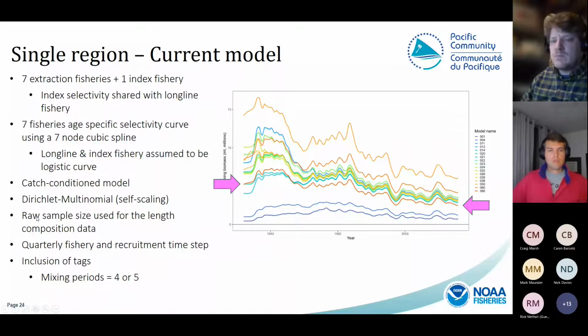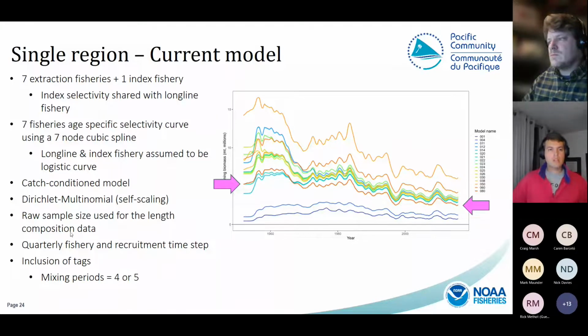I think we'll need to check this to make sure it's consistent with the documentation of the data sets. But I believe we used that raw sample size for the length composition data. We didn't modify, well, what I mean to say is whatever was in the test data set, we didn't modify it. We didn't change the numbers of the length composition data.